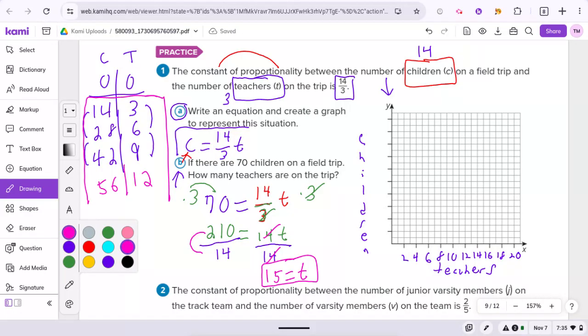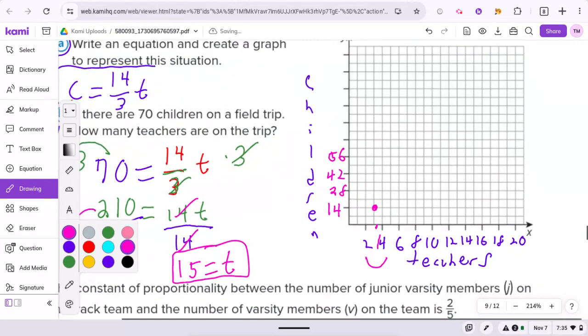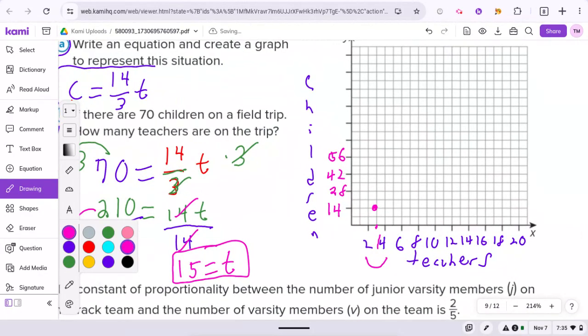So on my graph, here is 2, here is 4, 3 would be in the middle. And I'm going to put 14 here, 28, 42, 56. And then I'll line up my 3 here with my 14 here. So 3 on the x-axis, 14 on the y-axis, and then put my dot.